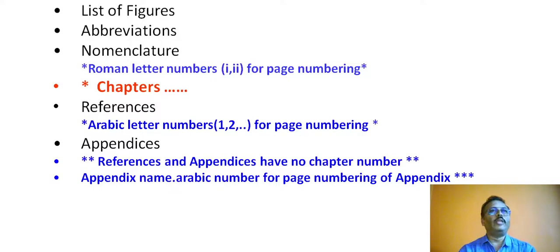Followed by the appendices. Usually in the case of appendices, it will be the appendix name followed by an Arabic number. Remember, Arabic numbers are used for page numbering of appendix. This is the overall structure.